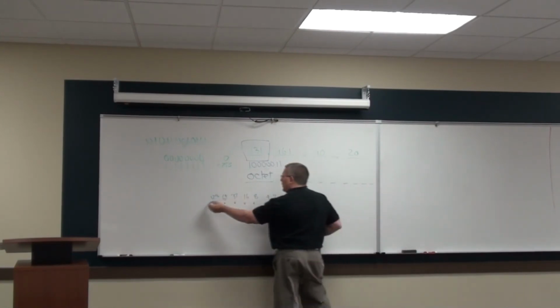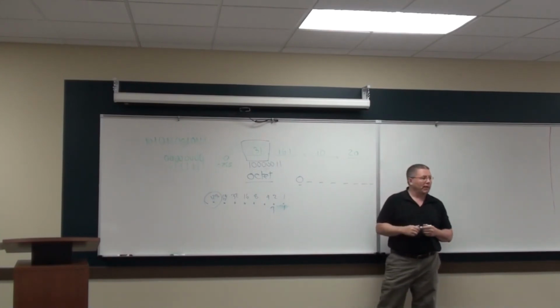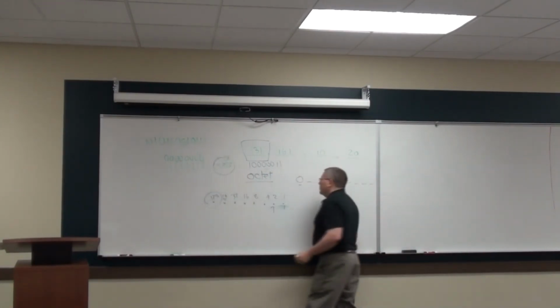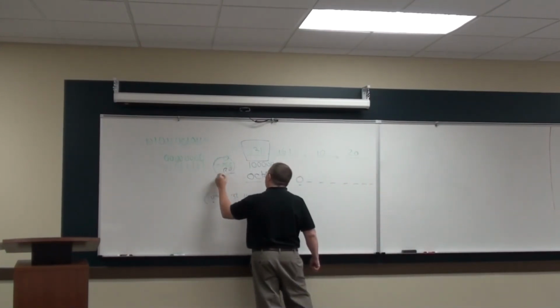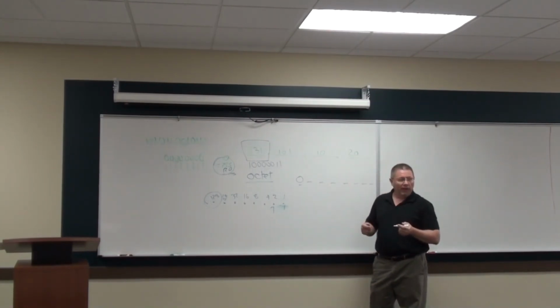Now, let's take a look here. I said that this first bit here has the value of 128. And that in 8 bits, the largest number you could make is 255. So if I were to subtract 128 from 255, I'd get 127. Okay?